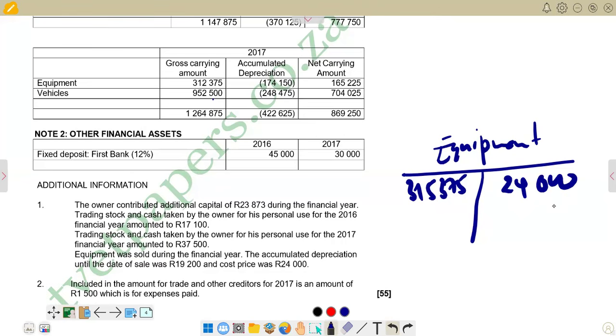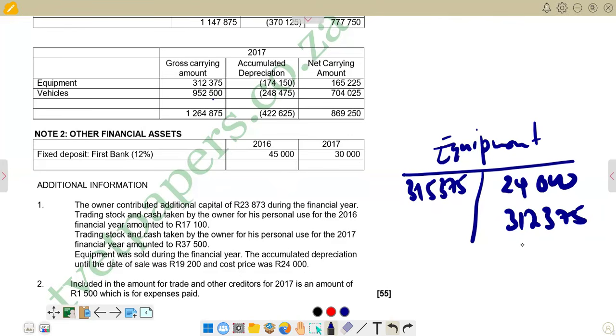And then the closing cost price, which is the closing gross carrying amount, is supposed to come on the credit side, which is 312,375. So if you add the credit and debit and they are not the same, it means there's something that was purchased.